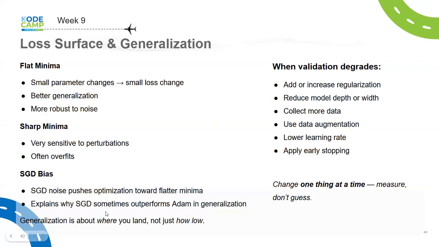Okay. Then stochastic gradient descent also has a bias, and the bias of SGD is that it tends to push optimization towards flatter minima.